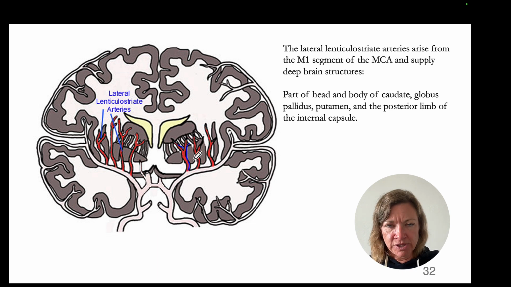And so some of them are listed there, but if you could imagine, you can have a really selective loss if you have an occlusion of a single lenticulostriate artery. However, because they supply deep brain nuclei and or the internal capsule, the single focal bit of ischemia, which would result in a lacunar infarct, could have potentially really dramatic consequences.